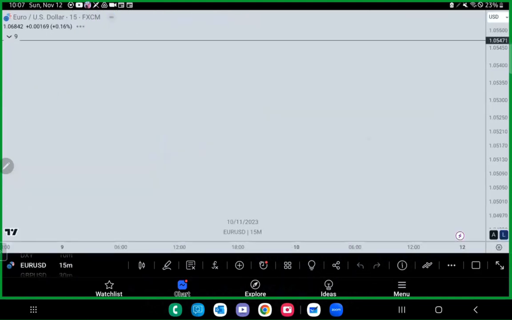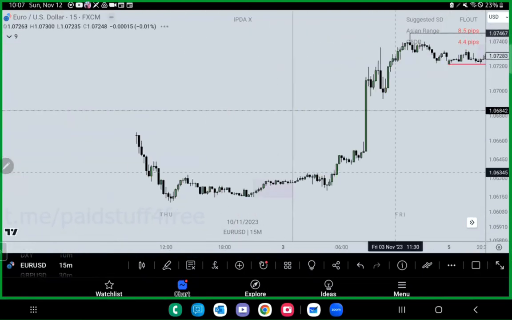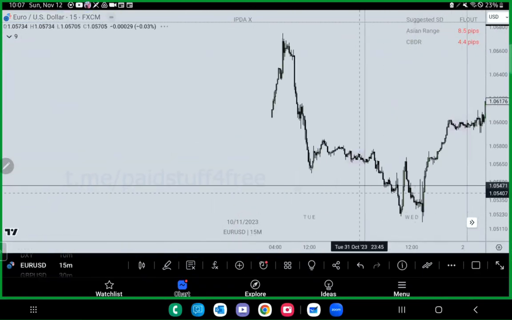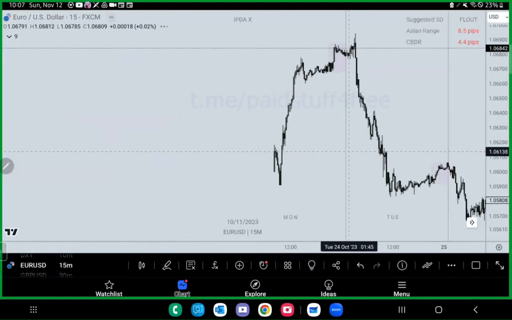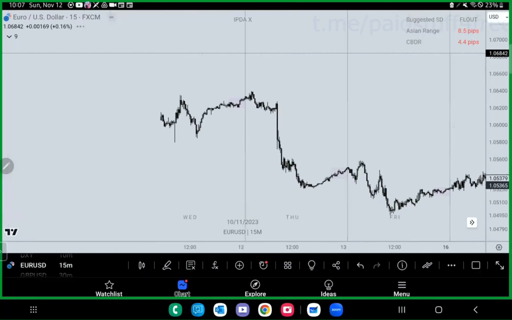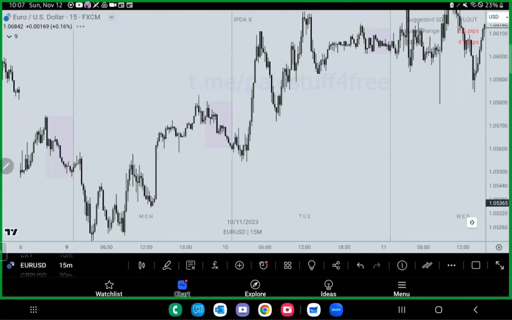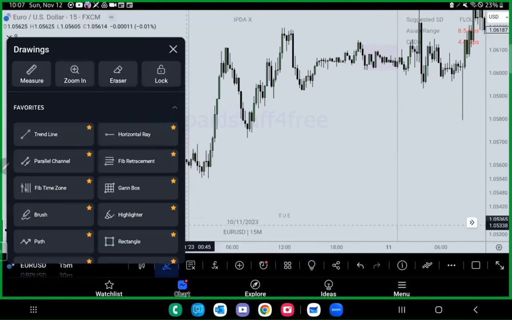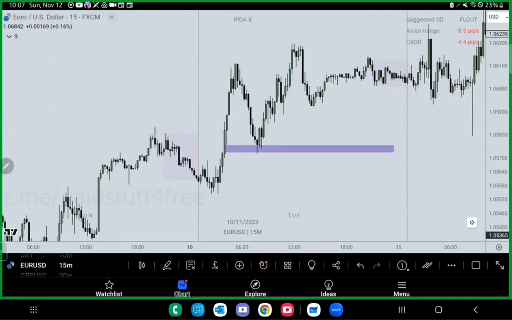Another textbook OTE day was back in October, I believe. Yeah, this day right here. All right, so Asia low and high have been swept right away.